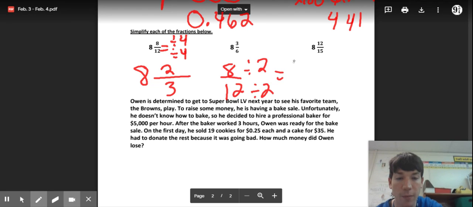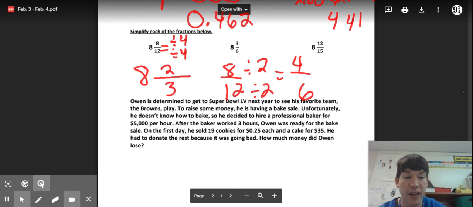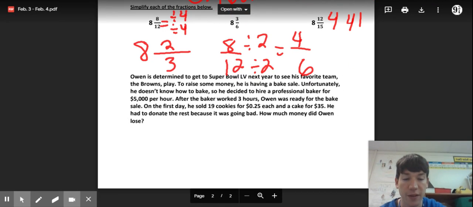You would have come up with 4/6. That's fine, but then you would have had to divide by 2 again. Dividing by 2 twice in a row is the same thing as dividing by 4. So it's thoughtful to look for the greatest common factor from the start. What is the biggest number that I could divide each of those by? That's a good place to start.